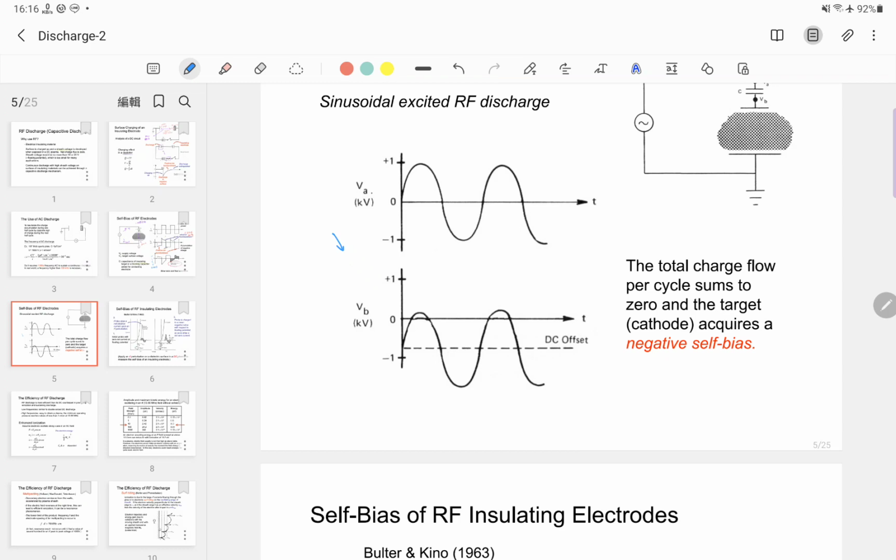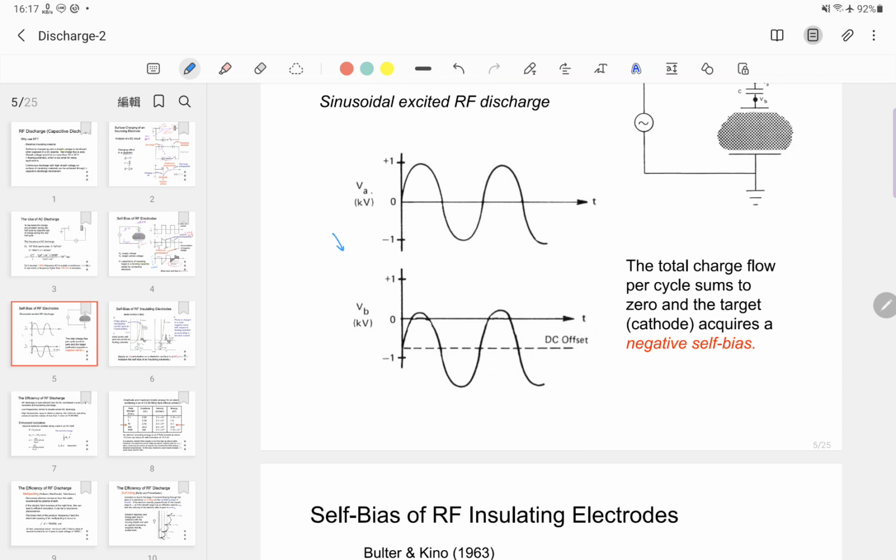For the positive half cycle, the voltage reading looks like this, and here's another half cycle. If we take a close look, we can find that only in this small region is the electrode surface positively charged.